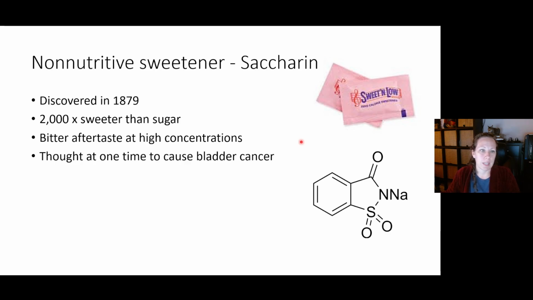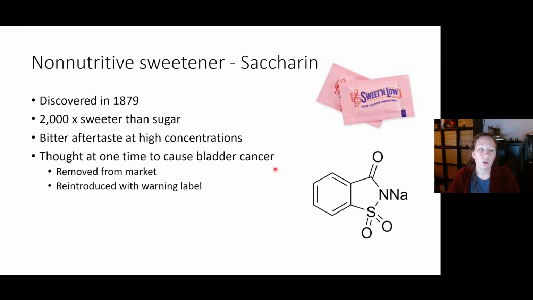At one time, saccharin was thought to cause bladder cancer, and it was actually removed from the market. But unfortunately, there wasn't anything else that could be used in its place that was an artificial sweetener that diabetics and people who had issues could use. And so it was added back to the market, but there was a warning label that it might cause cancer.